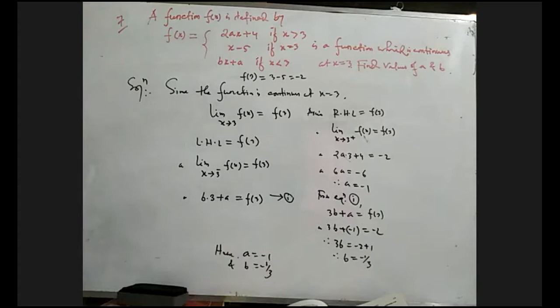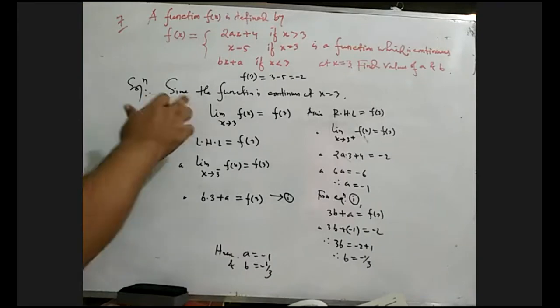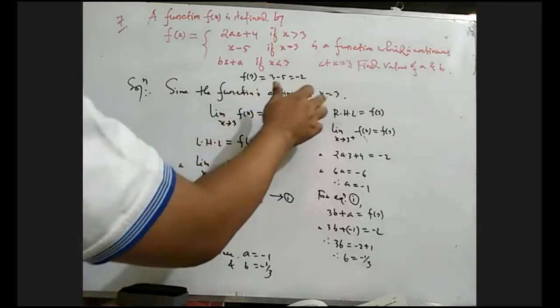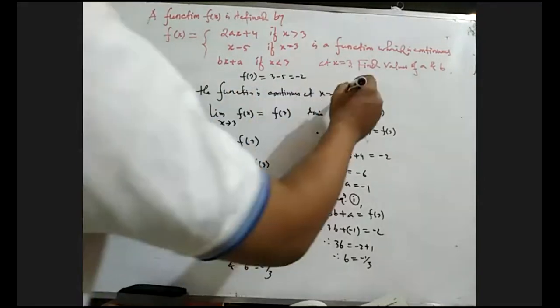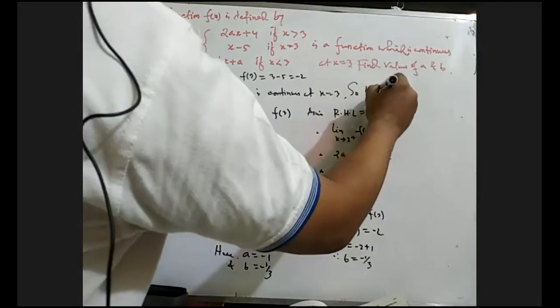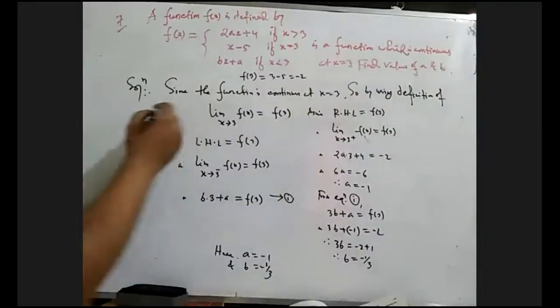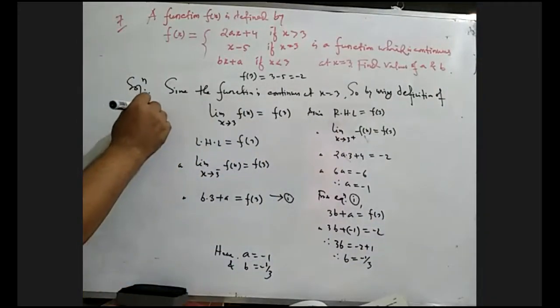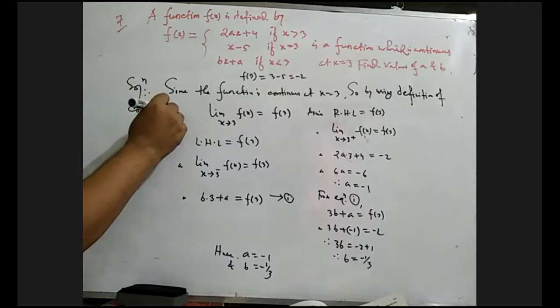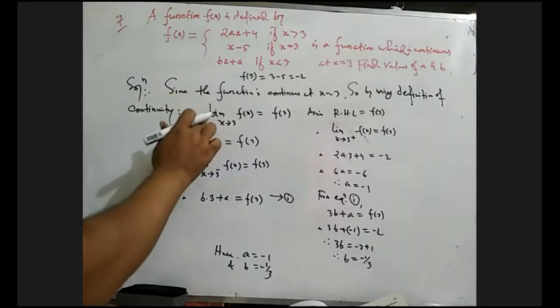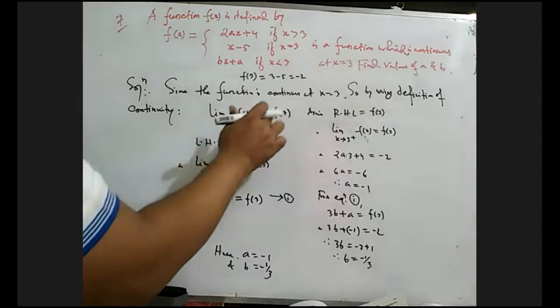By using the definition of continuity. Since the function is continuous at x equals 3, limit x tends to 3, f of x equals f of 3.